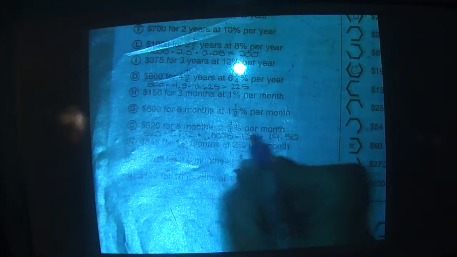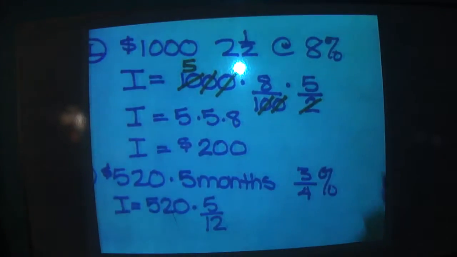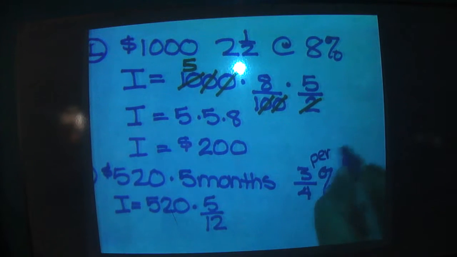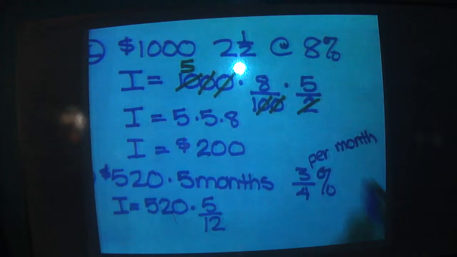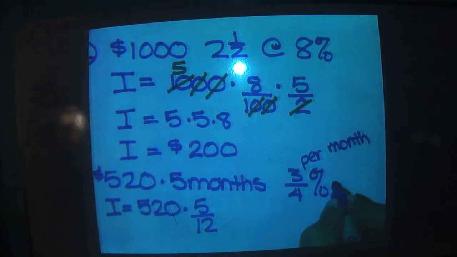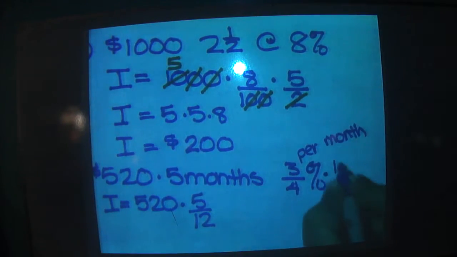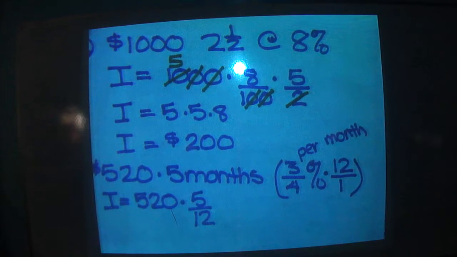See how it reads? 3/4 per month. So if it's 3/4 per month, how much is it per year? You're going to do it by year. So 3/4 times 12. And it's still going to be a percentage.